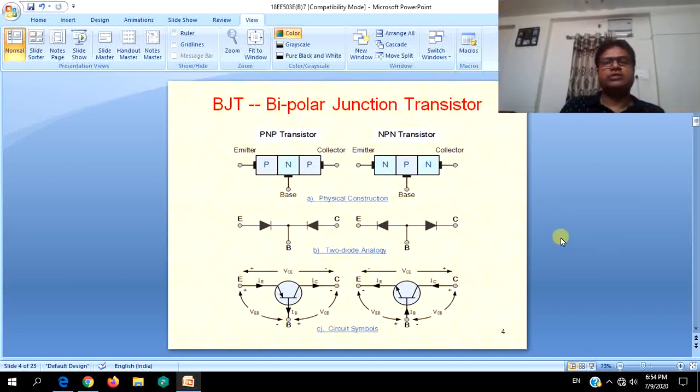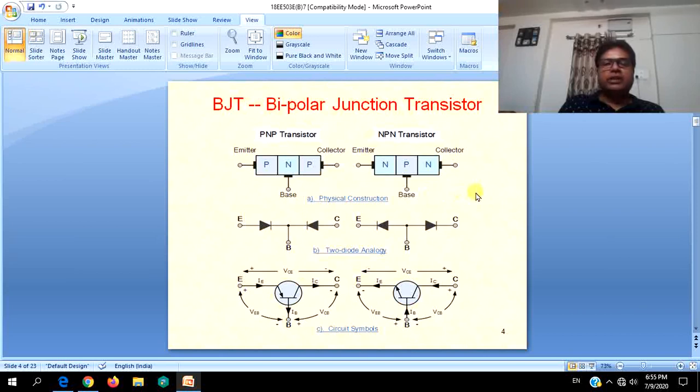It is the transistor where two PN diodes are joined together in opposite directions, so that a three-layer device can be formed. It can be PNP, or it can be NPN.